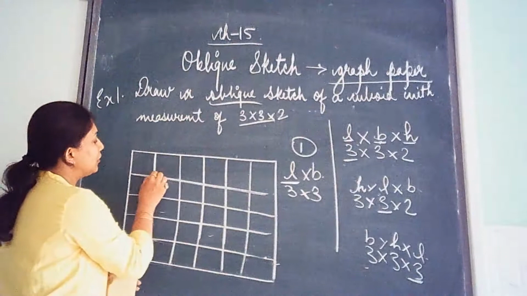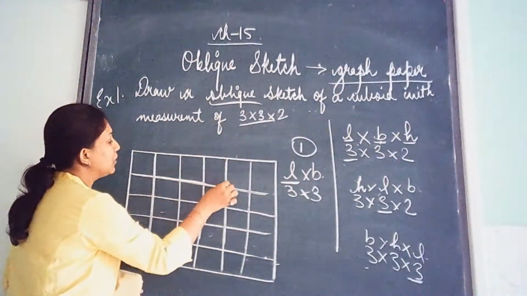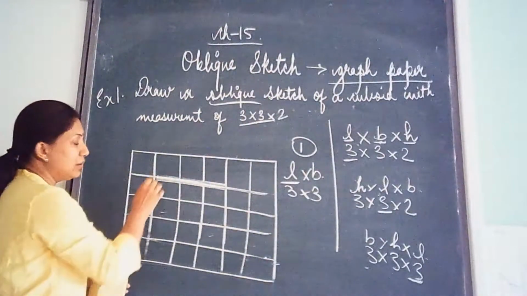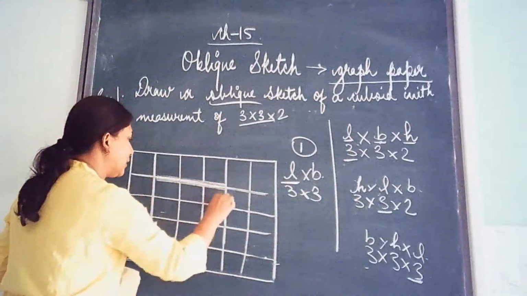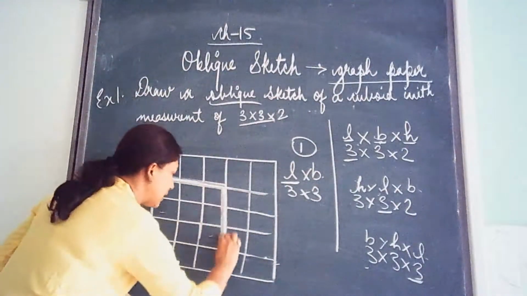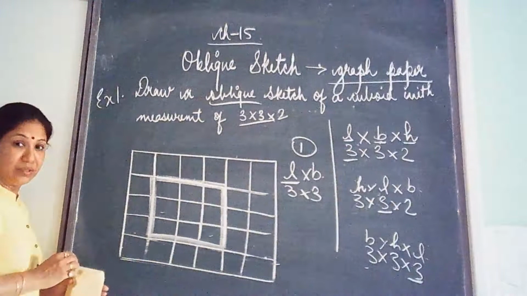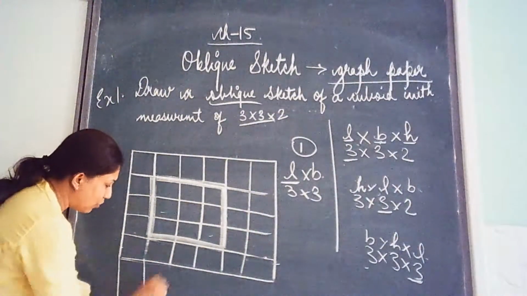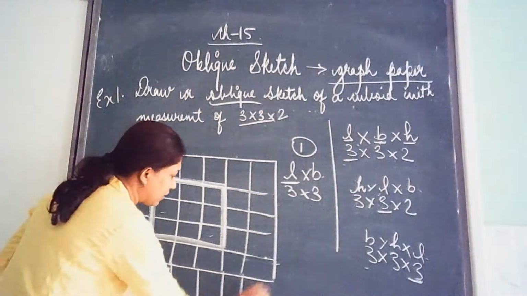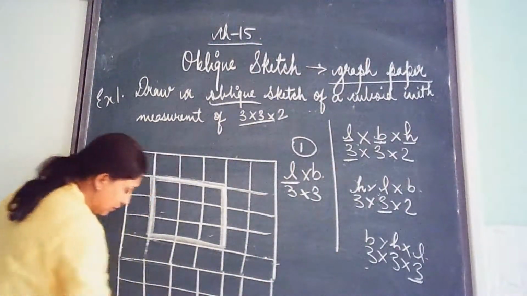From here I will draw 1, 2, 3. This is the length. Now the width, 1, 2 and 3. This is the breadth. My place is small, so I am just explaining it to you. I hope you will be able to understand.